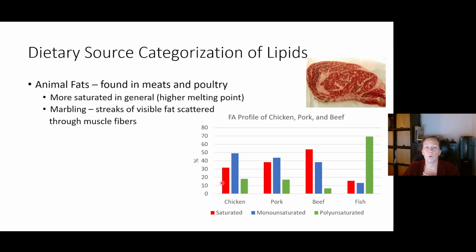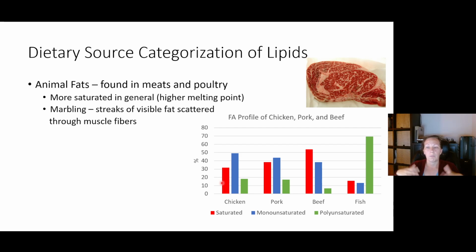Okay, so mammals, they're warm-blooded, and so they have a higher body temperature, and so that melting point, if they're trying for it to be as saturated as it can, is going to need to be higher than that of most plants. Okay, so kind of a cool fact, and it will vary based on environment, how warm that animal is, etc.